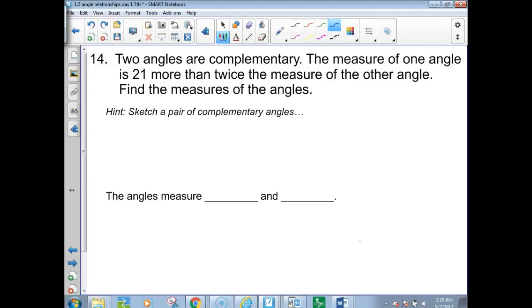Okay, yeah, this is a good one. This is number 14 on today's worksheet. We got quite a bit of time. It's not time to go, so if someone wanted to tell me how to do this one?